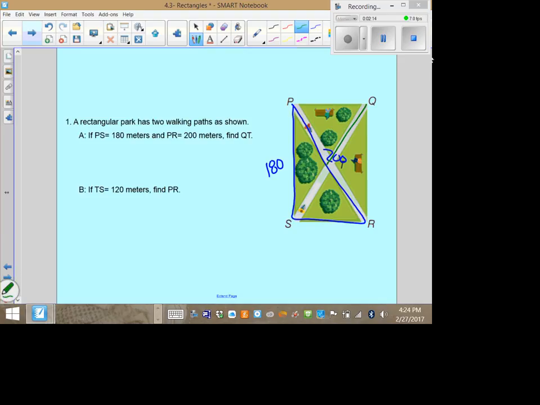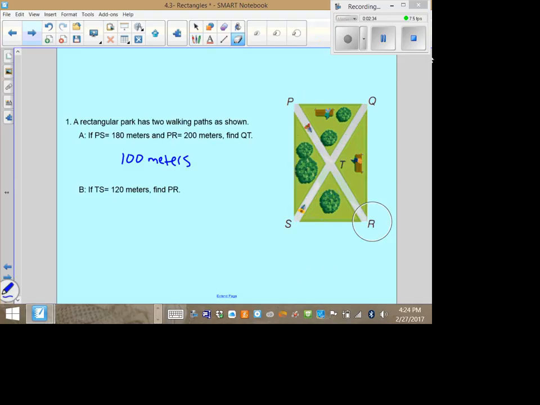Since the diagonals are congruent, we know that this distance as well is going to be 200 meters, but then they bisect each other. So then we get that QT is 100 meters. Just note again, since one diagonal is 200, the other is 200 since they are congruent, and then they bisect each other, so it is half of that, so it's 100.